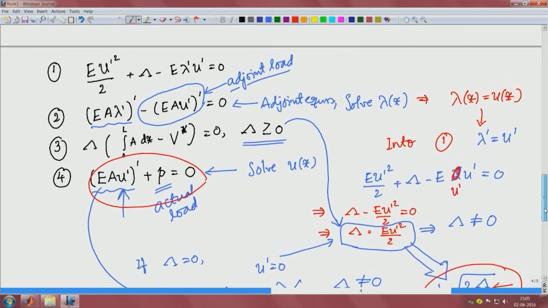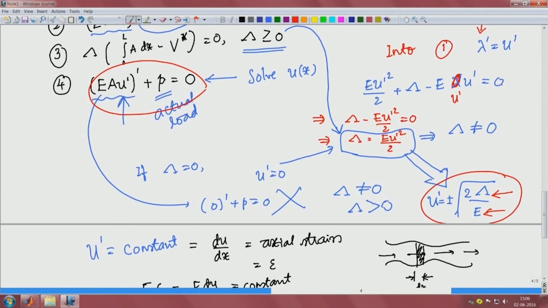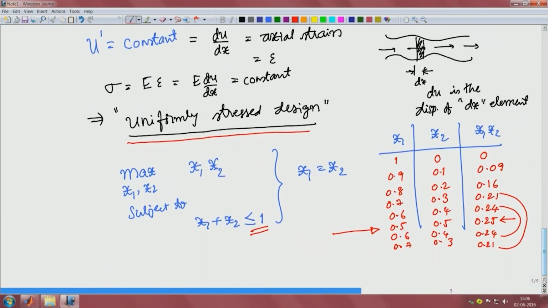Now, we can see the design equation, right, that is what gave us u prime. That is what we started, design equation. Even though there is no A, it gave us the feature of optimality here, which is uniformly stressed design, and we got u prime and we substitute over here. Okay.